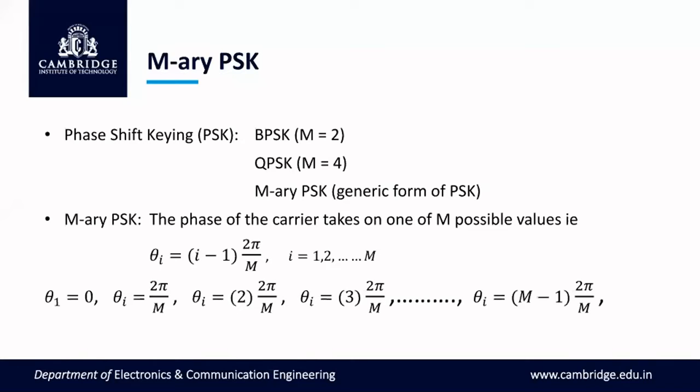Right. So in M-ary PSK, the difference in phase values between two successive symbols will be very small. It is going to be 90 degrees in QPSK, 180 in BPSK, like that, 45 degrees in octa PSK.